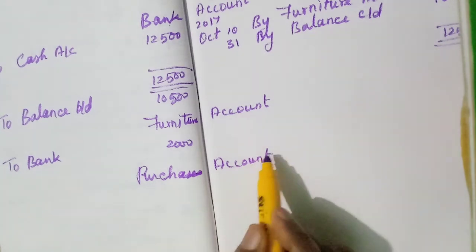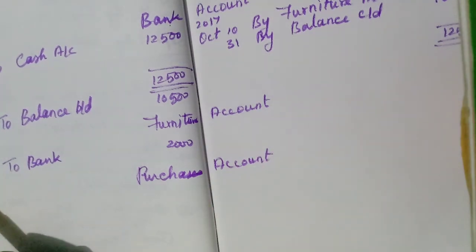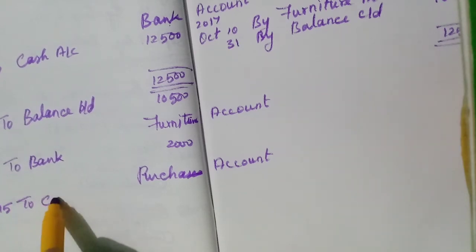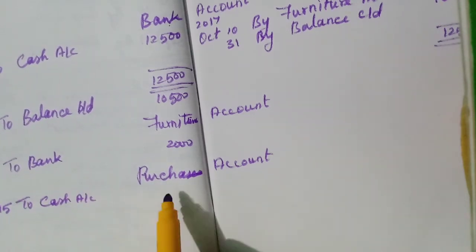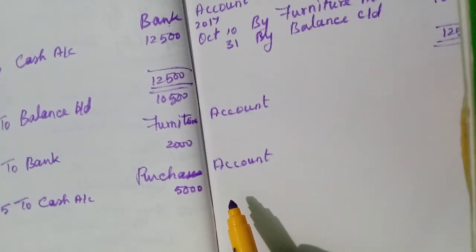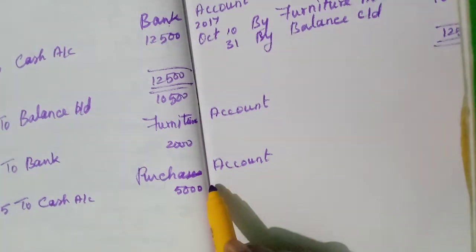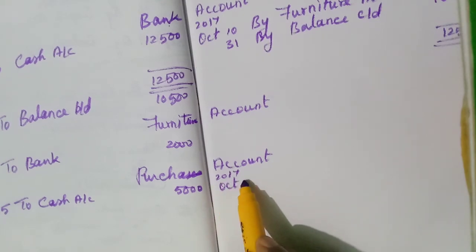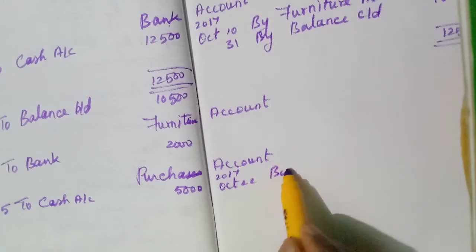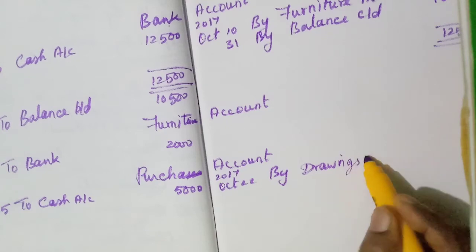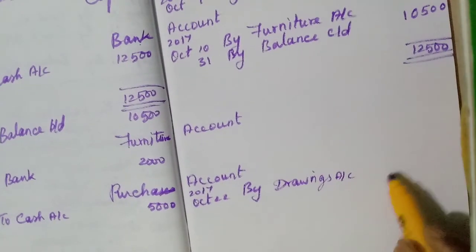Okay. So after furniture, then again purchases account, isn't it? Purchases account. Then date 2017 October 15. Purchases account debtor to cash account 5,000. Then any other purchases? Yes, the last one, isn't it? Drawings account debtor to purchases. So credit side we have to write, start with the date 22 by drawings account. Okay, 500.